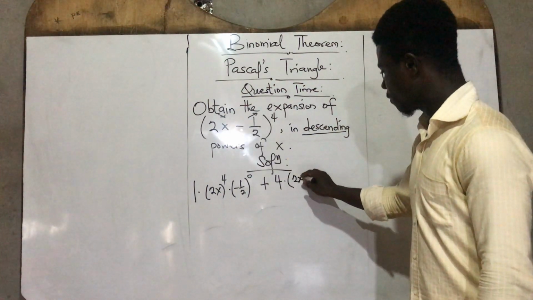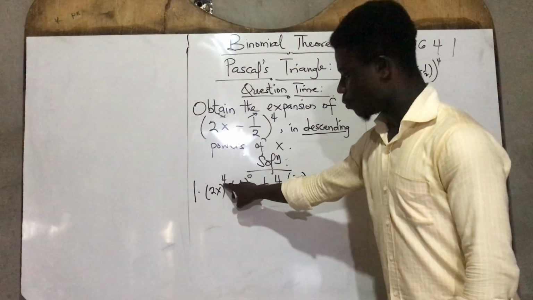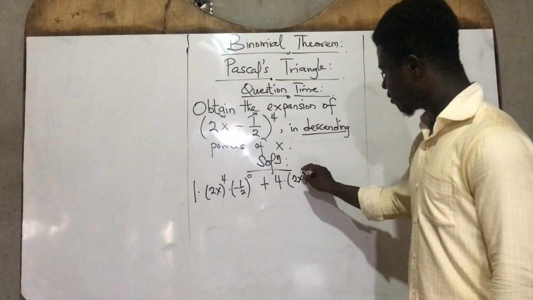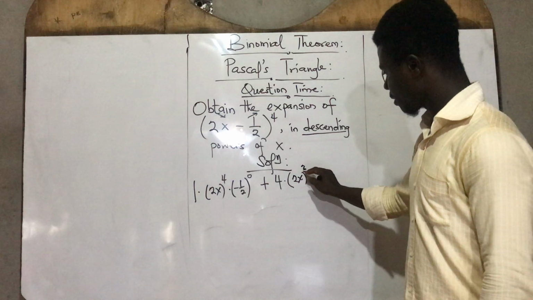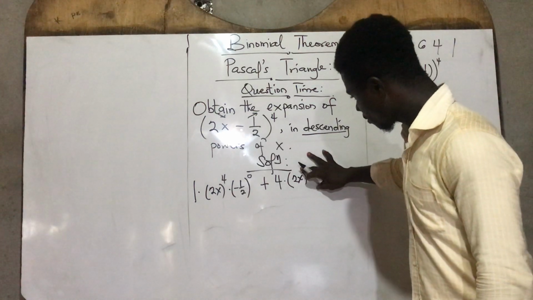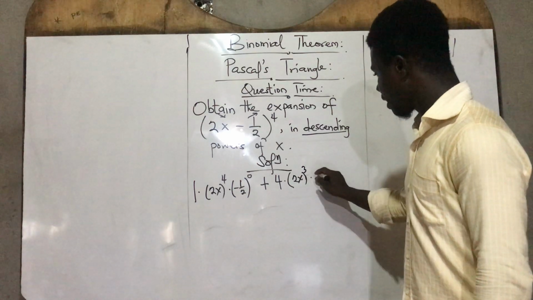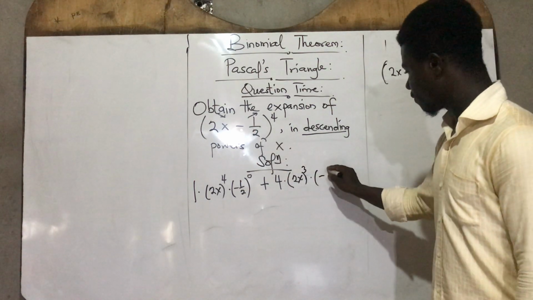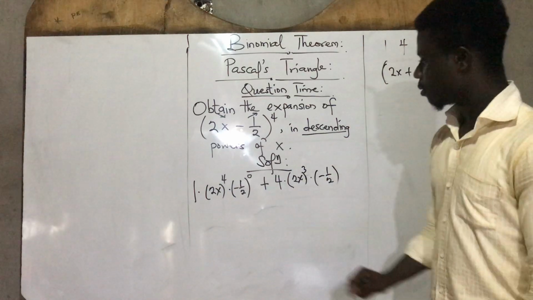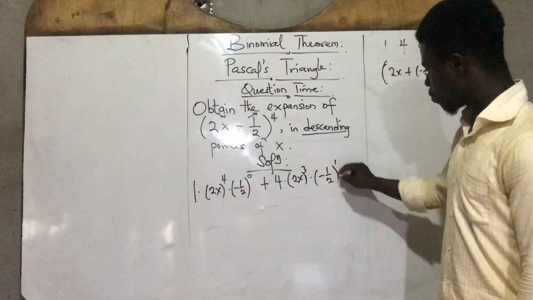So 4 times 2x. It is decreasing. We started from 4, so decreasing to 3. Then times minus half. It is increasing, so 1.